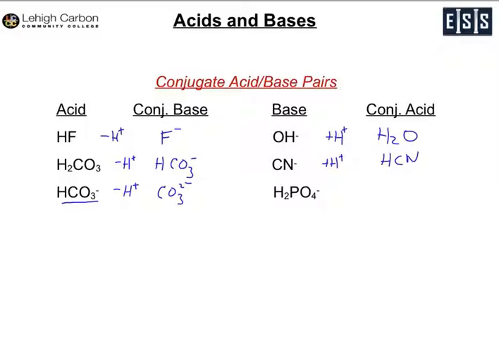The hydrogen phosphate ion, when you add this, makes H3PO4, phosphoric acid. So when you have a base, it adds the hydrogen to form your conjugate acid on the right. That's a review of what's happening with these conjugate acid-base pairs. Thank you.